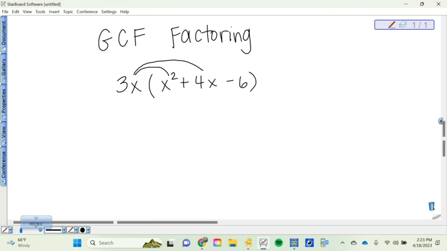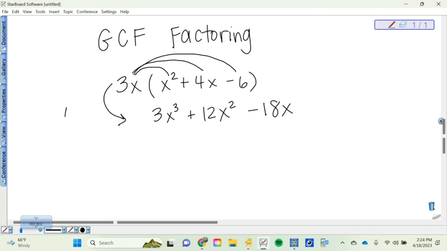No, I multiply, right? So 3x times x squared would give me what? 3x cubed. What about 3x times 4x? 12x squared, good. 3x times negative 6? Negative 18x, perfect.